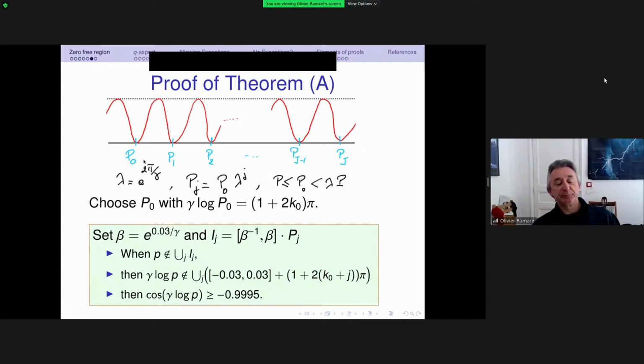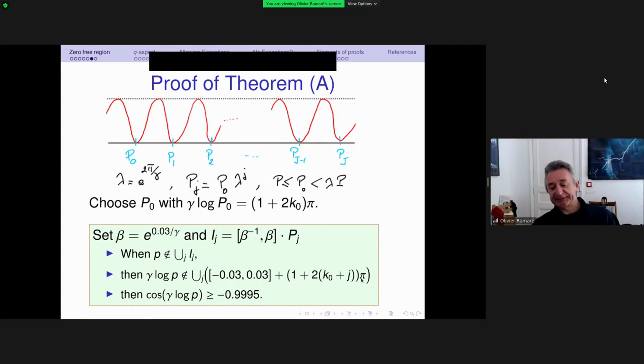So I've given some names, p0, p1, p2, pj for the bad points. And you look at some multiplicative interval around it, say between p_j times beta to the minus 1 and p_j times beta, where beta, to put some numerics, is something very small, exponential of 0.03 divided by gamma. But it's still of positive proportion. So when p is outside this collection of intervals, then gamma log p is outside this collection of intervals.